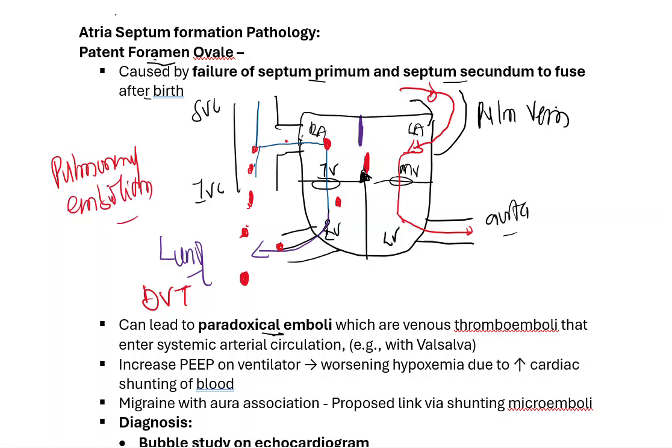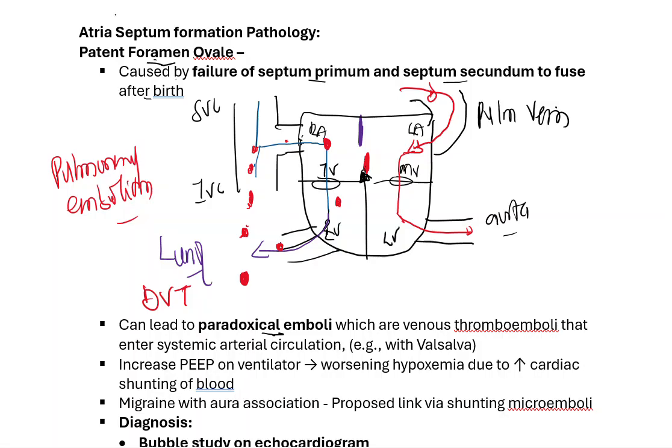So ideally, that's usually the path for the deep venous thrombosis. And that's why we treat DVT so that it doesn't lead to what? Pulmonary embolism, because that could lead to pulmonary infarction, that could lead to pulmonary hypertension.